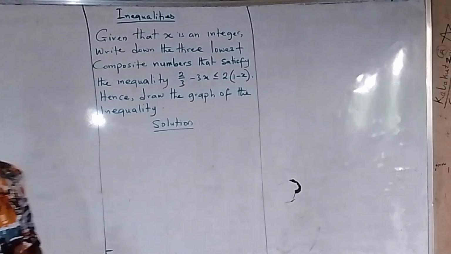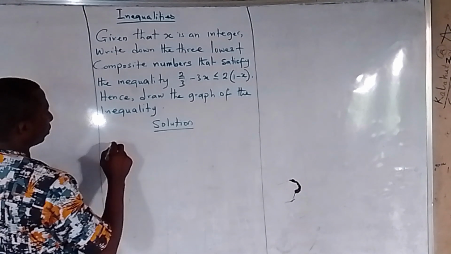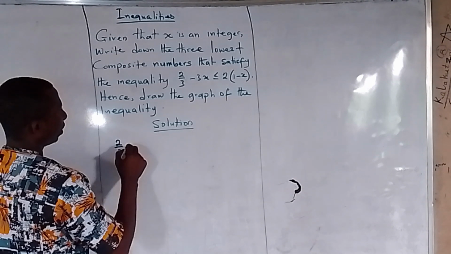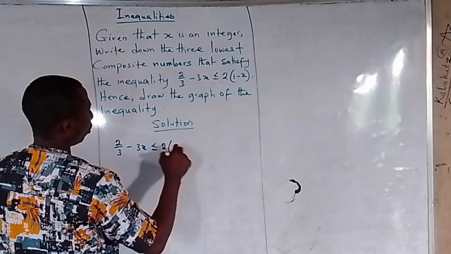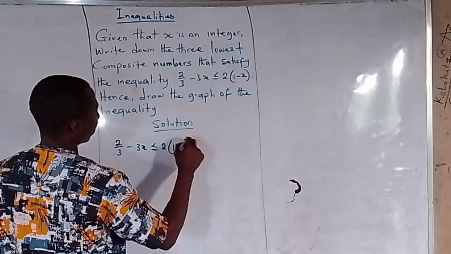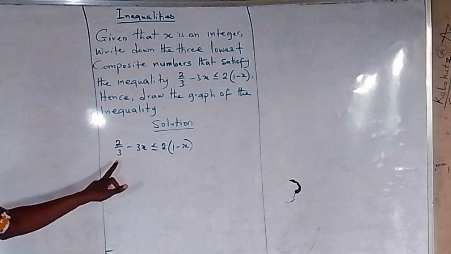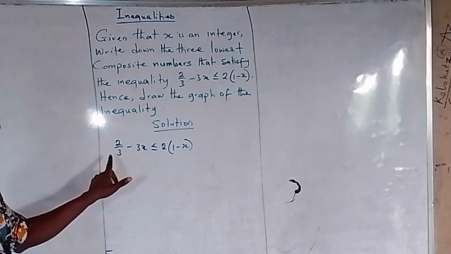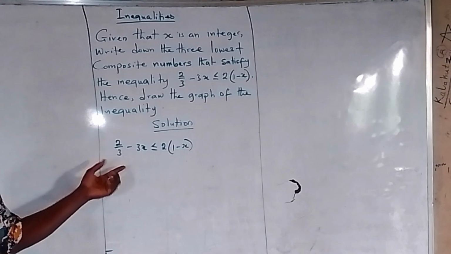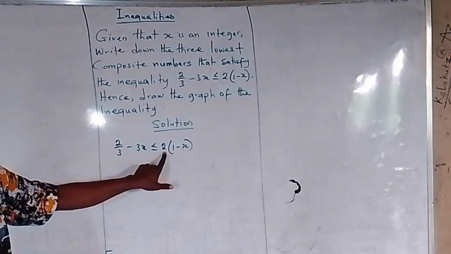Now, how do we do this question? Let's write out the inequality: 2/3 minus 3x is less than or equal to 2(1 minus x). The first thing to do is to clear the fraction. So you multiply through by the LCM of the denominator, which is 3. Multiply this by 3, this by 3, and this one by 3.